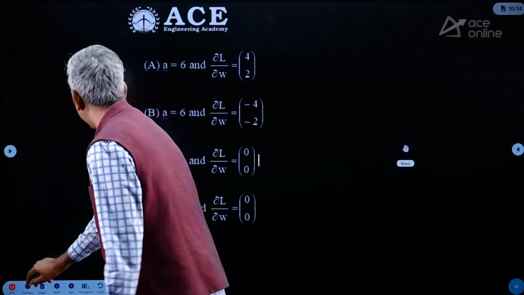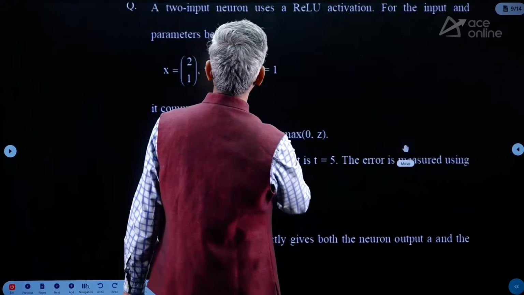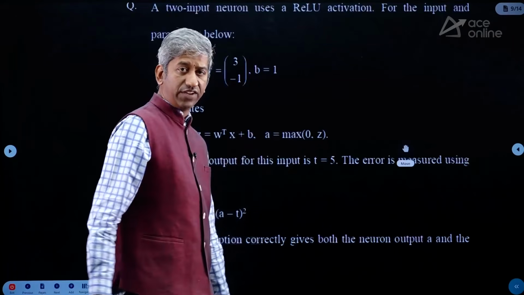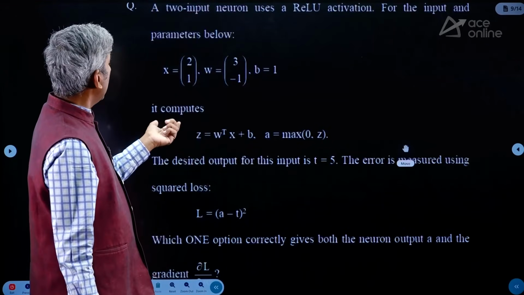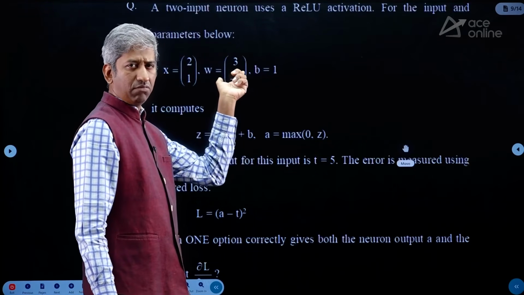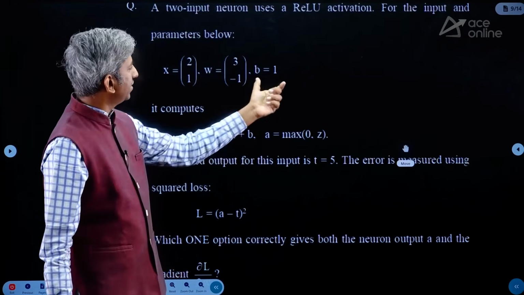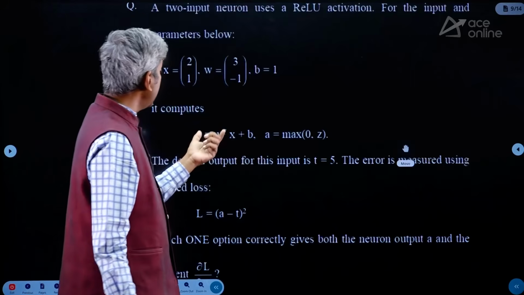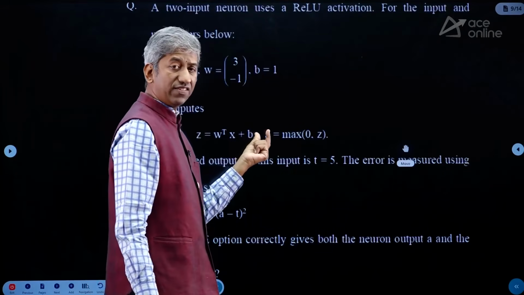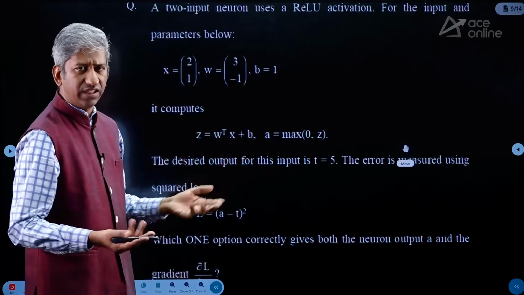It's a simple question where in the problem statement, a data example with its corresponding target value is given to us, and its corresponding Z is given as the weight vector W, the W transpose X plus B. If that is a positive value, it is assigned to A, and if it is negative, it will become 0.